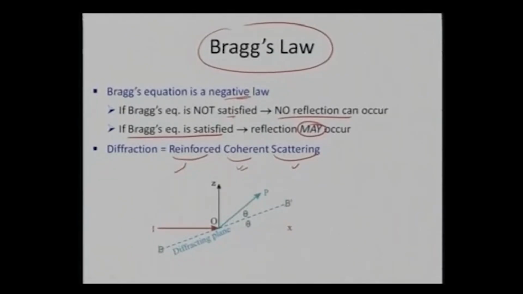That defines diffraction as such. And again, Bragg's law, 2d sin theta = n lambda, is a negative law, and that tells me clearly that if I am not satisfying this equation, my reflection will not occur. But if this condition is satisfied, it may occur. That is what is defined by Bragg's law.